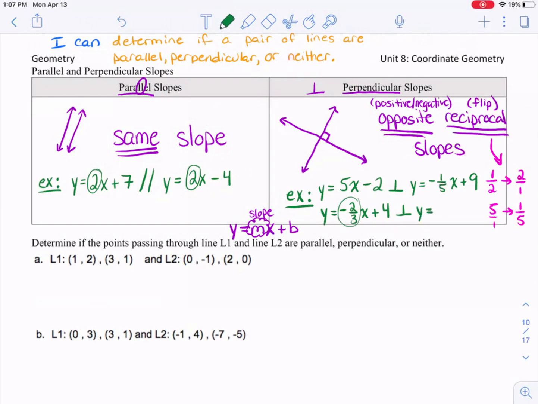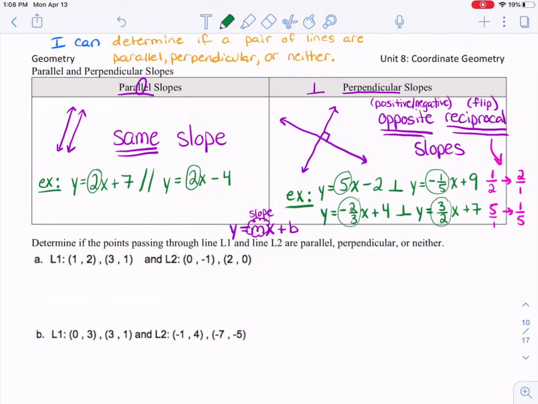I'm going to change the negative to a positive and flip the 2/3 to a 3/2 with the x next to the slope. And then any other number could follow, plus 7. So perpendicular slopes are opposite reciprocals.